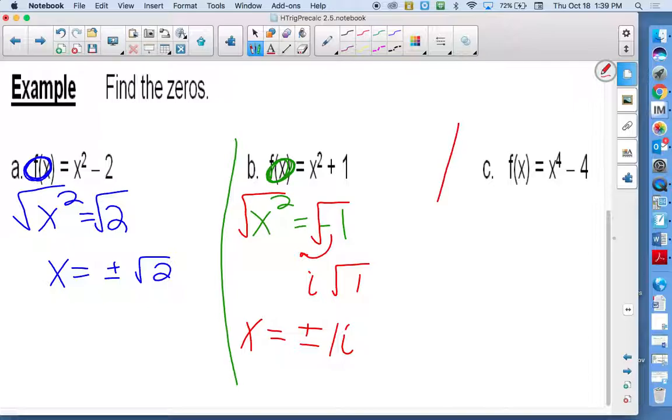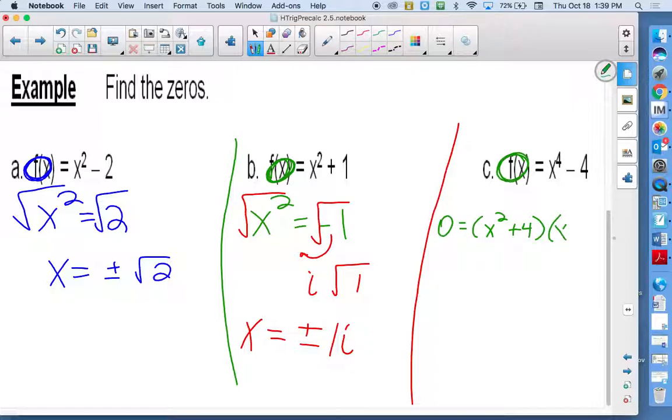Now the last one's a little different because it says x to the 4th minus 4. You cannot just take the 4 to the other side and take the 4th root of it. It's x to the 4th, it's not x squared. Brandon, what do you think? We can split it up into x squared plus 4 and x squared minus 4.